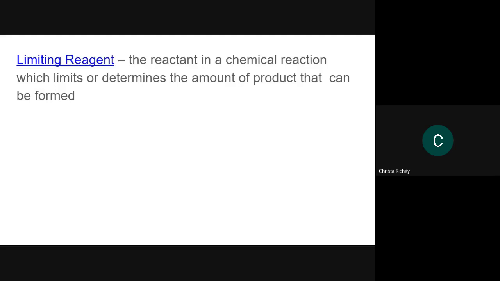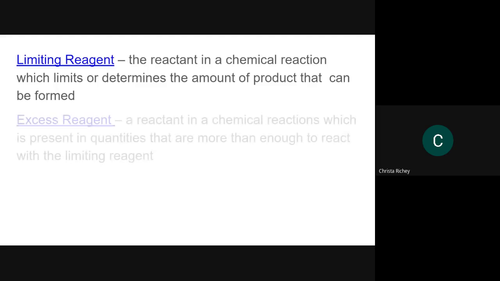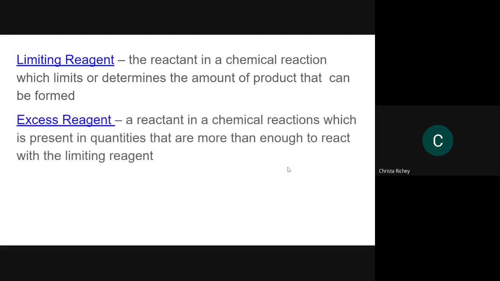That's the one you have to do your calculations with to figure out how much product can be made. Excess reagents have extra left over. They don't stop the reaction. So when you figure out which is limiting, if I ask you how much product could be made, you have to use the limiting reagent. I can't use the excess reagent.